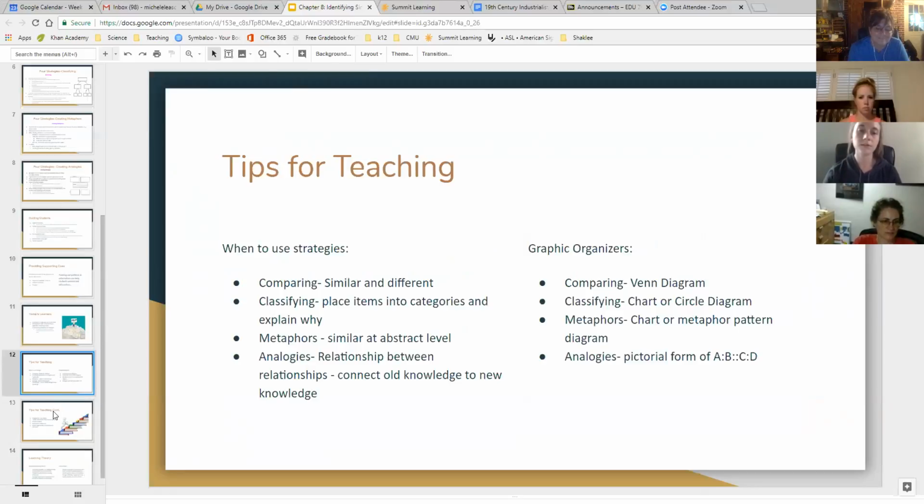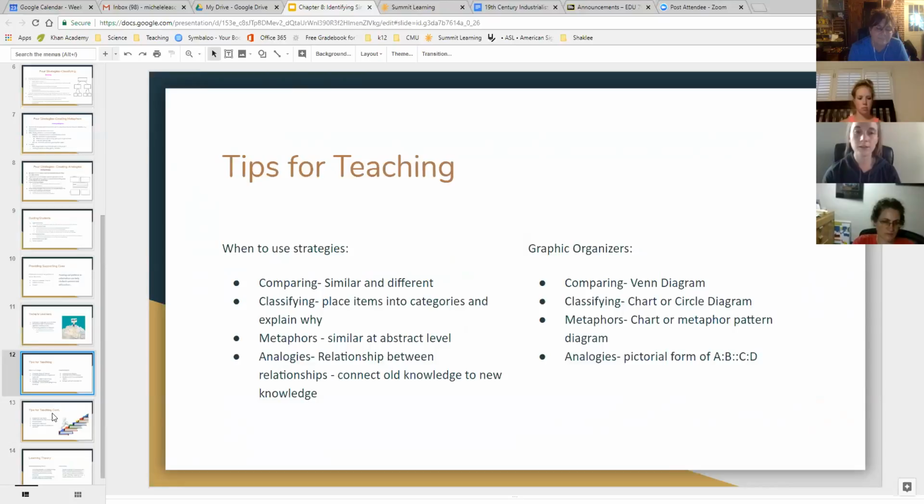There are different times where it might make sense to use these strategies, and this section was really helpful to me as I was planning a lesson. If you want to reference this slide as you're doing your lesson plans for the week, I think that would be really helpful. You first identify what type of lesson you have. If you're talking about items that are similar and different, then you could do a comparing strategy.